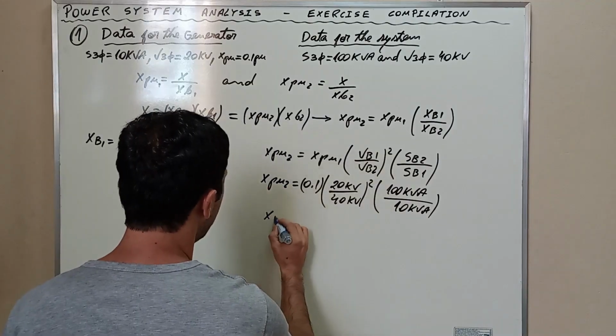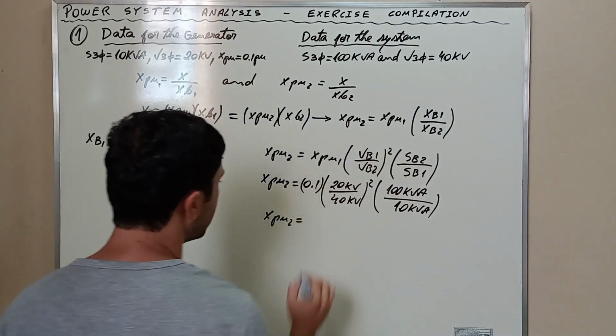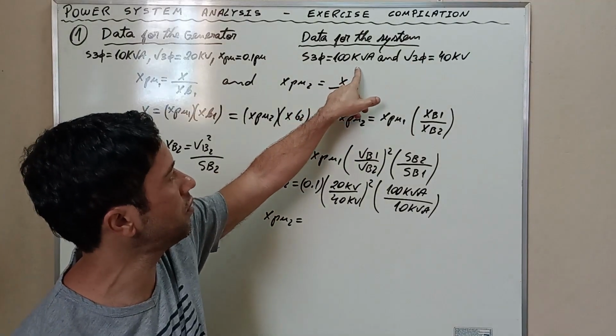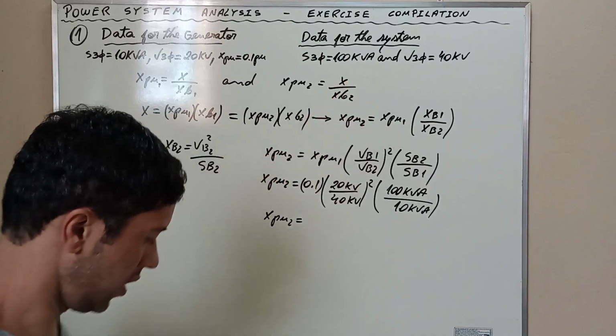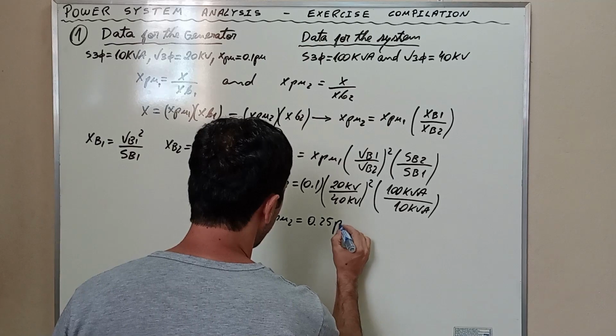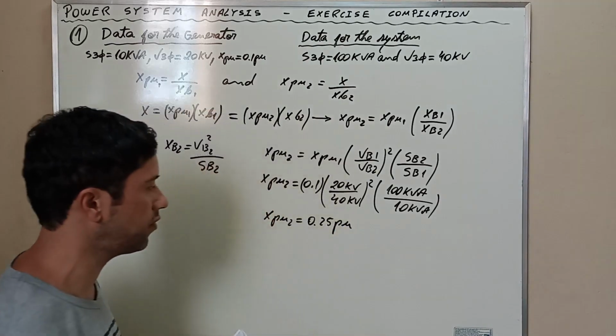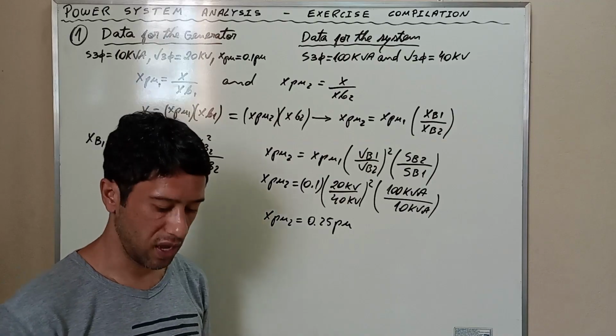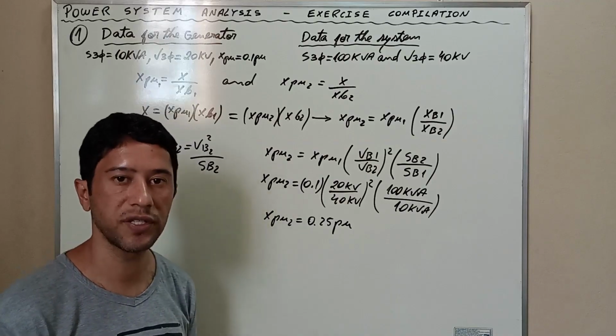And then the value of the reactance when the equipment is installed in another system, in this case this system here, is 0.25 per unit. Okay, my friends, this is all the exercise requested of us.